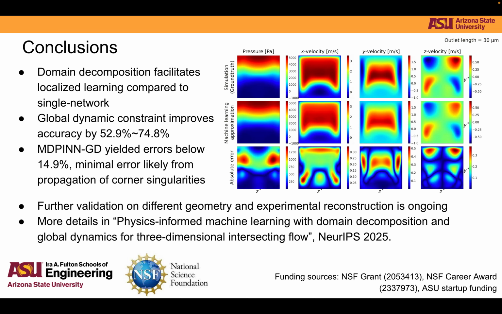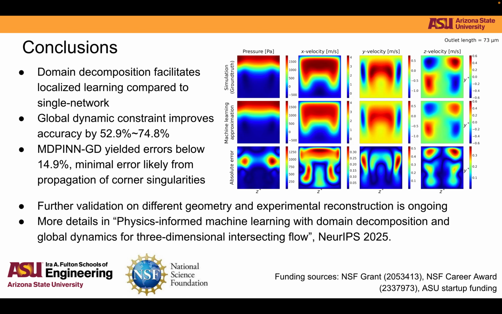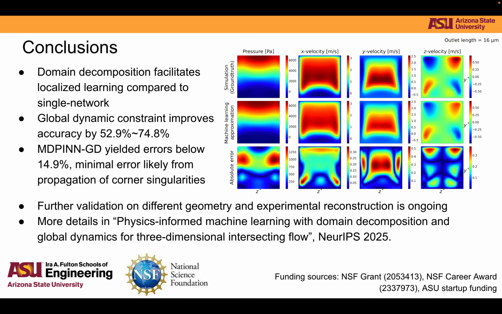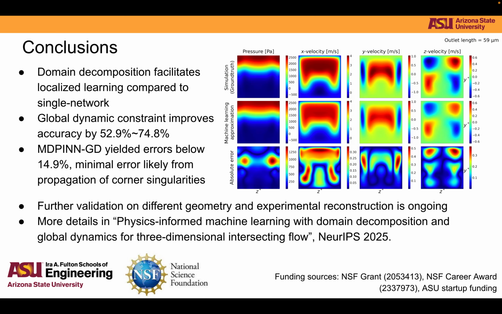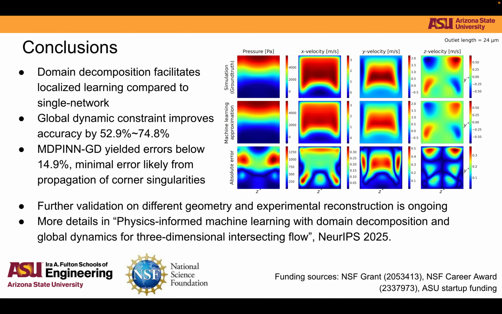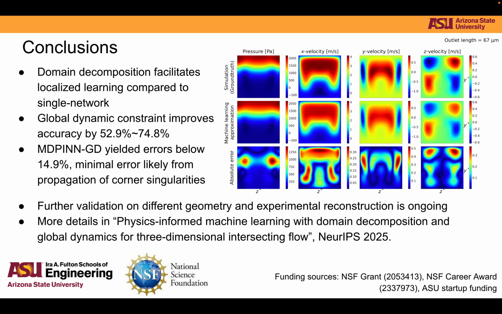And the global dynamics constraint, an additional constraint on continuity, actually helps improve our accuracy between 52.9% to 74.8%. The errors that we see are likely due to the corner singularities that propagate downstream and are more prevalent at the outlet sections.